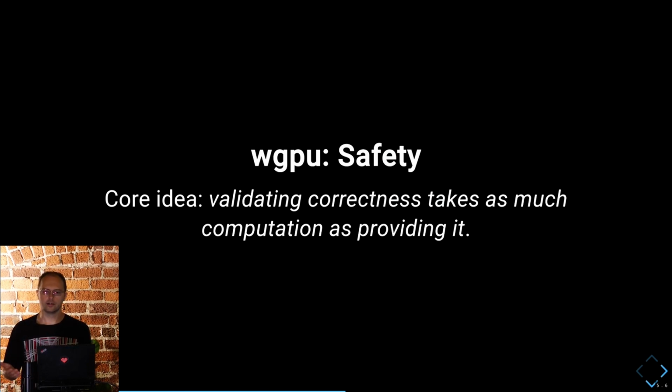So this is sort of like a P equals NP kind of problem. If you have to validate and it takes you as much effort as actually providing safety, then why not just provide safety in the first place? So that's what WebGPU rolls with, and that's also a core idea for WGPU. Not just validating, but enforcing, ensuring rather.